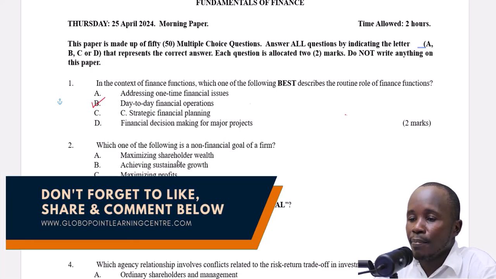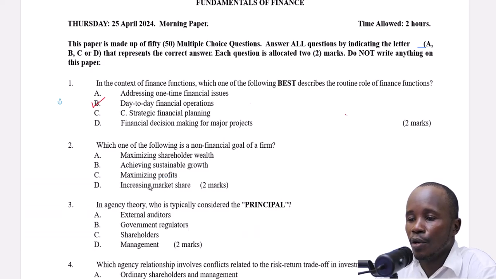Maximizing shareholders' wealth is a financial goal, because when you maximize shareholders' wealth, you make shareholders have more money, or have more value of their investment. Now, maximizing profit, C, is a financial goal.